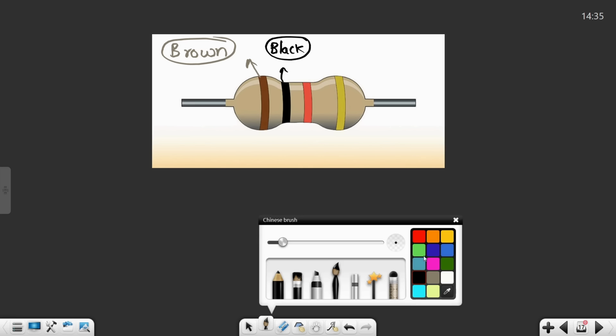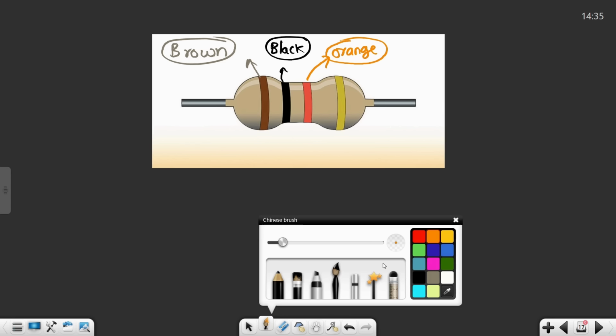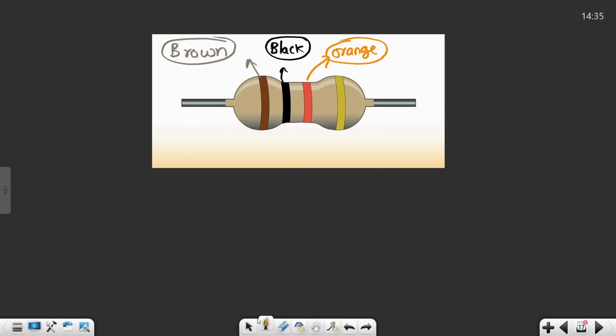This is kind of orange color, and I don't have orange, so I'll just show it with this one. This is an orange color, and then this is gold. So this is the golden color.